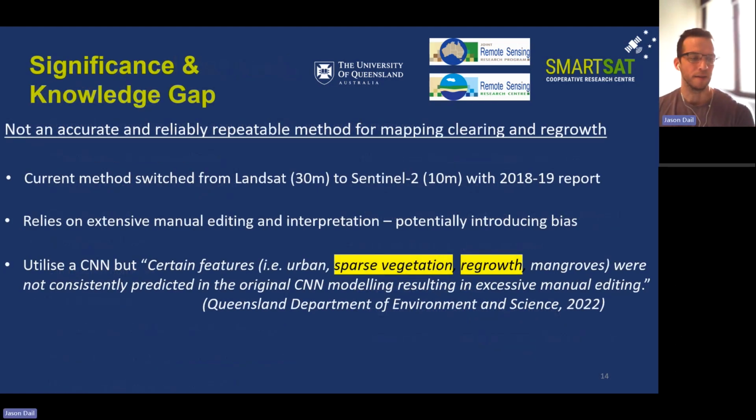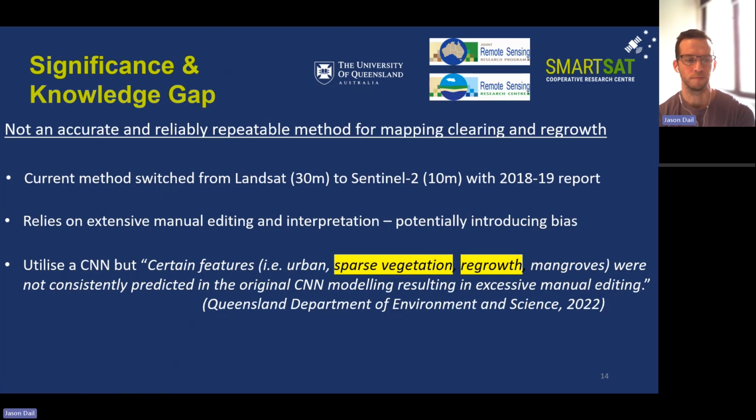Currently, there isn't an accurate and reliable method for repeatedly mapping clearing and regrowth. Although the SLATS method has recently switched to Sentinel-2, it previously used Landsat, which is 30 meter. There's still potential for improvement using imaging radar. The current method does a great job, but it uses a lot of manual editing and human interpretation.